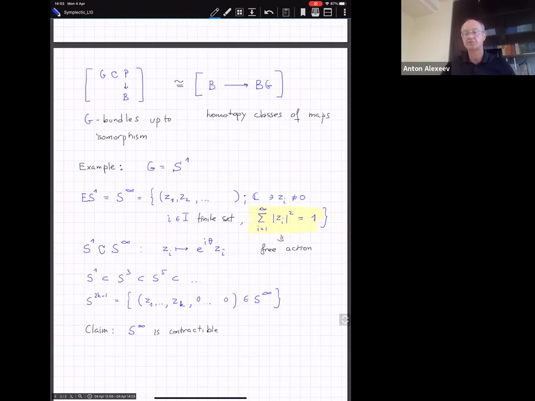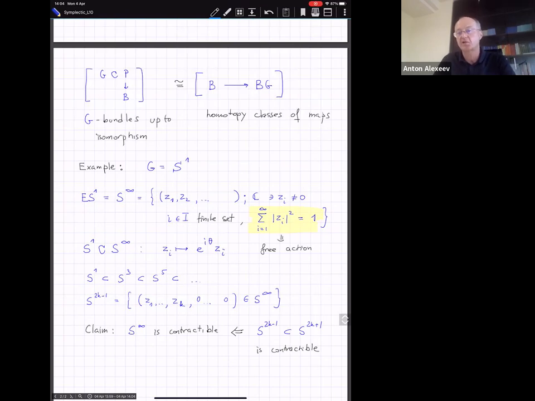I'm not going to prove it, and if you want, you can look up proofs in the literature. They are quite nice and beautiful, but more or less, in the first approximation, this is true because S^(2k-1) inside S^(2k+1) is contractible, and that's intuitively clear.